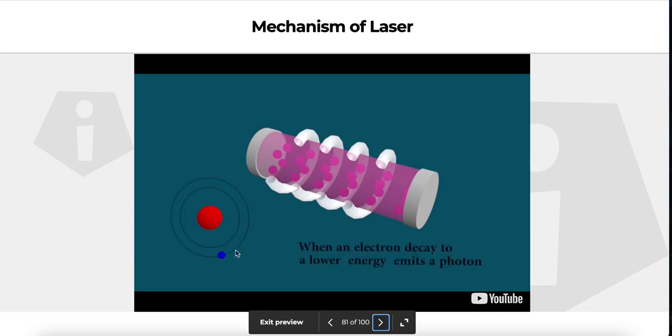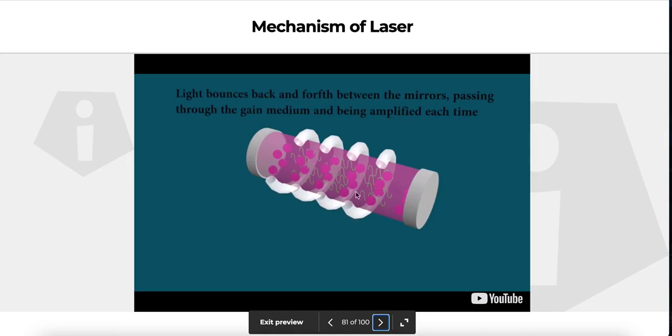This excited atom is unstable. So in order to reach again to the ground state, it will emit energy. This energy is in the form of coherent light that has specific wavelength. If we leave this, then all these millions of atoms will produce the same light of the same wavelength.